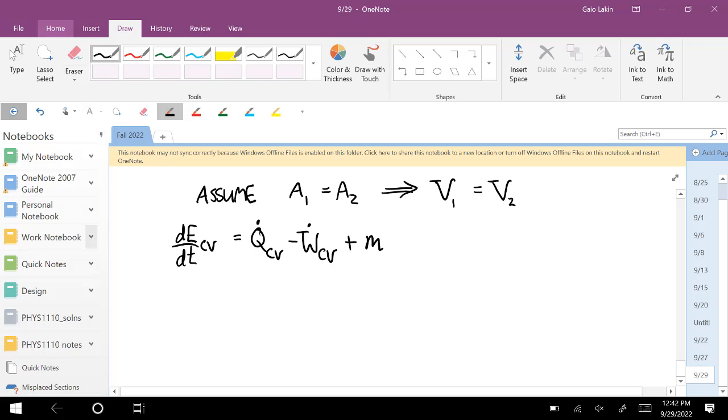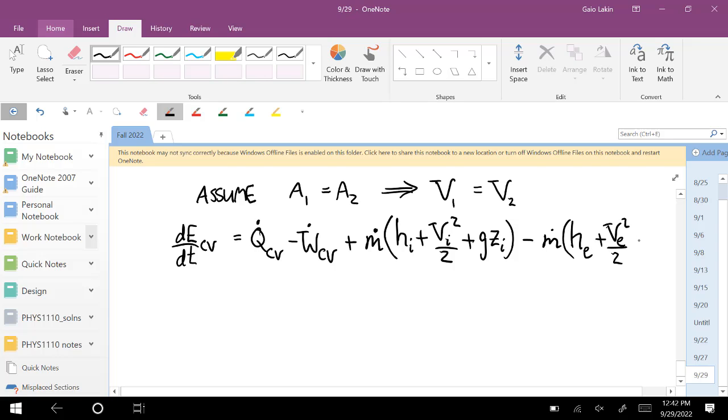plus, we're told it's steady state, so M dot times the quantity HI plus VI squared over 2 plus GZI, and then minus M dot times the quantity HE plus VE squared over 2 plus GZE.